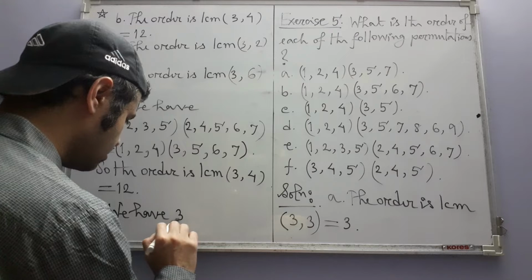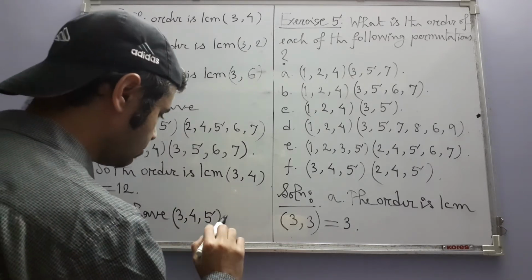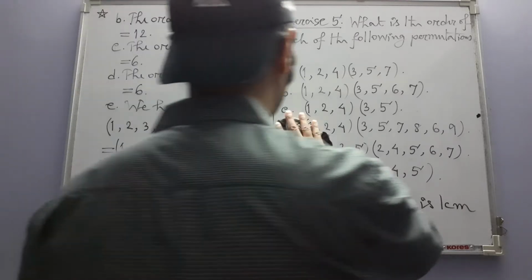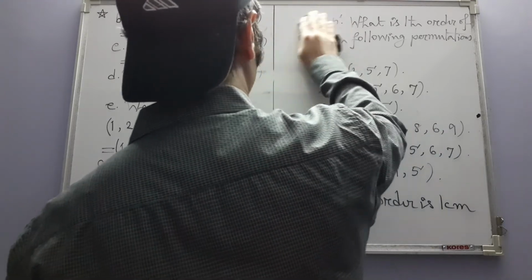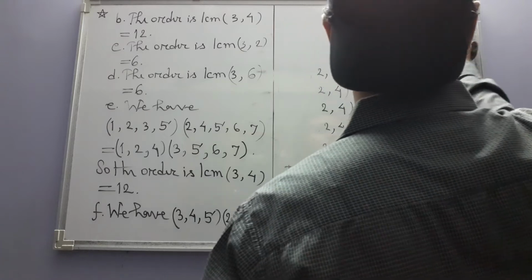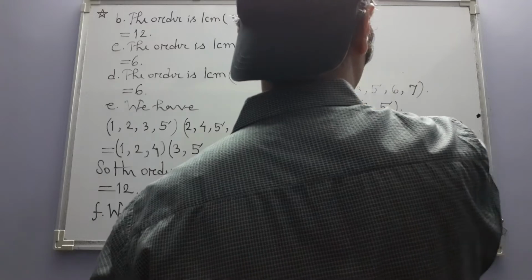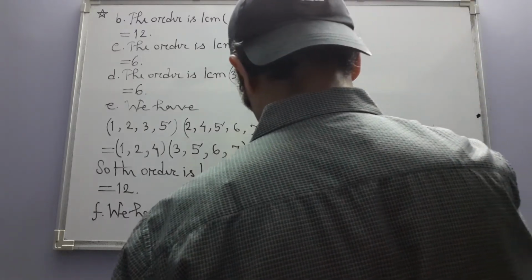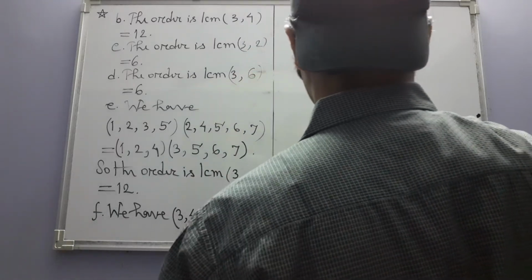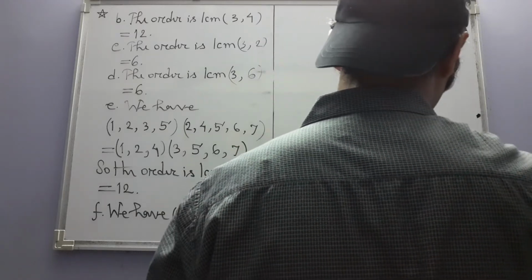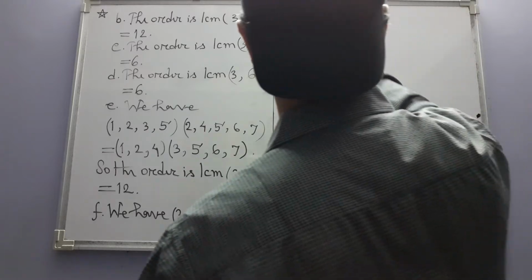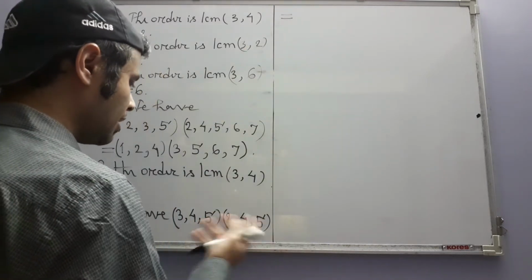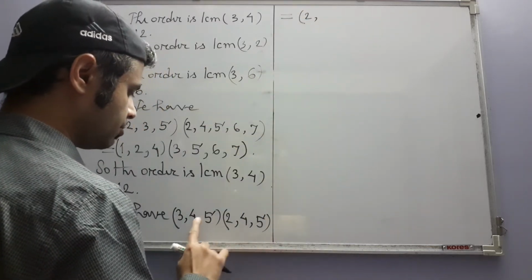Just like that, here also we have to first express it as a product of disjoint cycles. (3 4 5)(2 4 5). 1 is not there anywhere, so we start with 2. 2 to 4, 4 to 5.